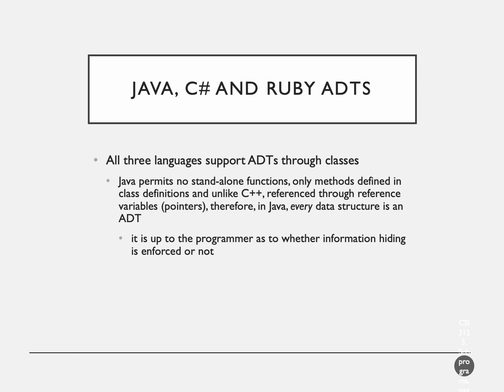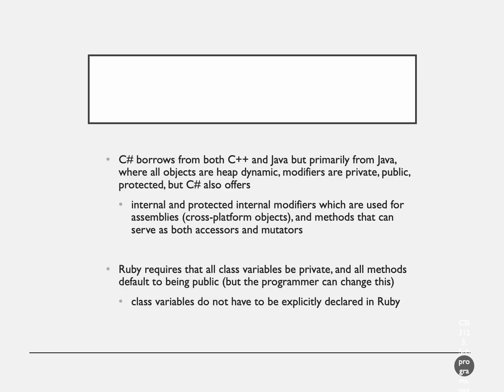Now, the same general principle applies to C Sharp and Ruby. These languages encourage the use of classes and offer tools for encapsulation, but they rely on the developer to apply those principles correctly.